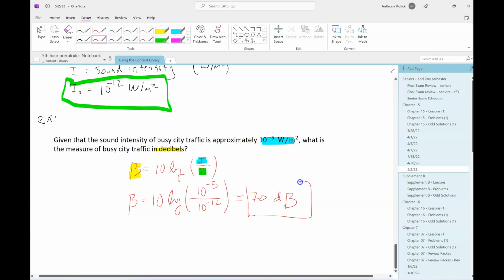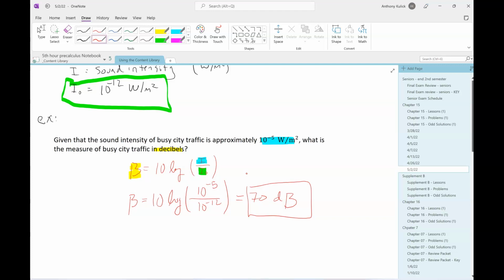And the abbreviation for decibels is a lowercase d, because that's the abbreviation for the prefix deci, and then the B for bels is a capital B.